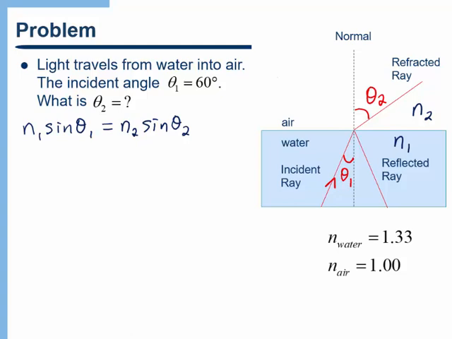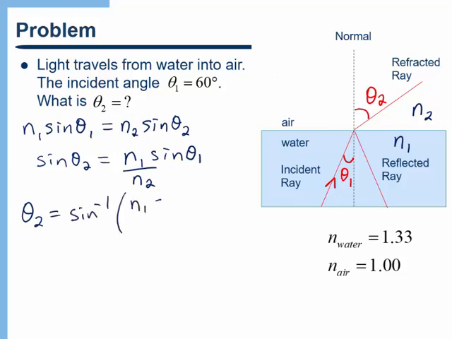So sine of theta 2 is N1 sine theta 1 divided by N2, or theta 2 is the inverse sine of N1 sine theta 1 divided by N2.